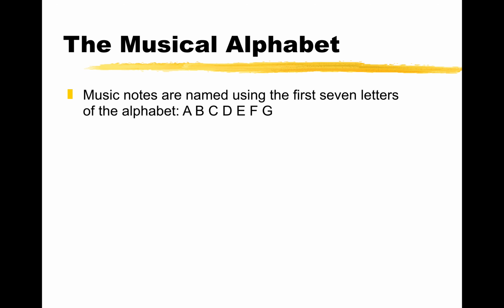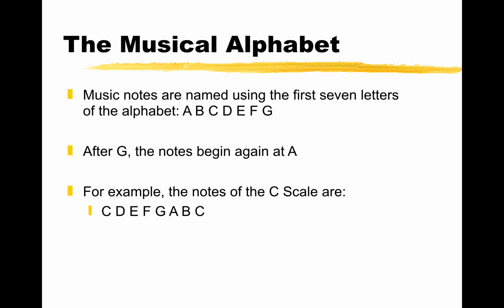In addition, in music, we only use the first 7 letters of the alphabet: A, B, C, D, E, F, G. So there are no H notes or L notes. We only use those 7 notes. After G, because there's lots and lots of notes, we just start over again at A. So it would go A, B, C, D, E, F, G, A, B, C, D, E, F, G, and so on for as long as you like.